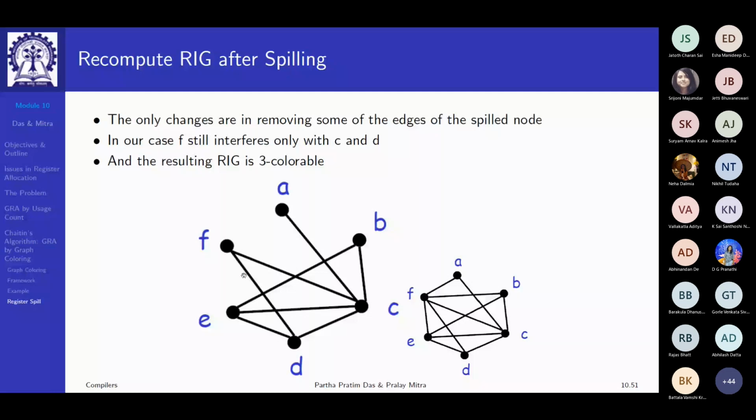So if you look at this, it is very easy to see that the resulting graph is 3 colorable. You can remove A, you can remove F, you can remove B. And once you have done that, you have a 3 clique. So you can remove them one by one. So by 3 colors, obviously this can be colored.